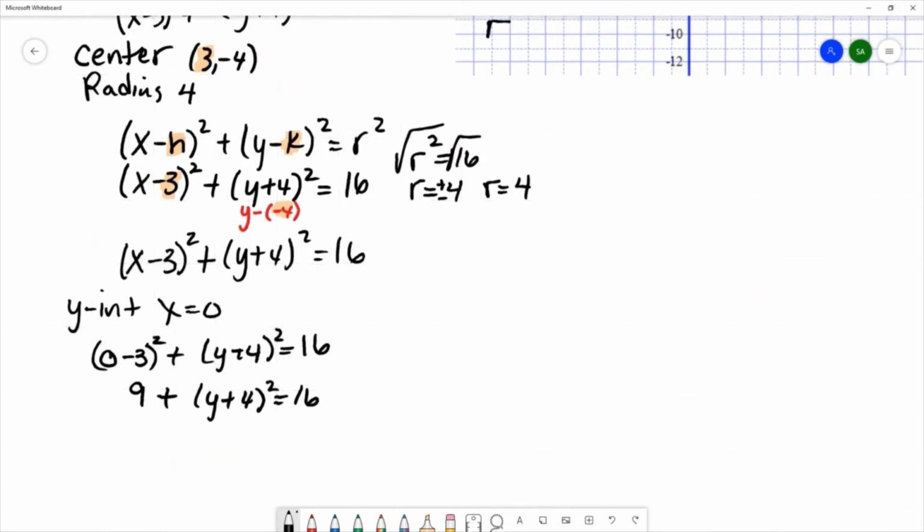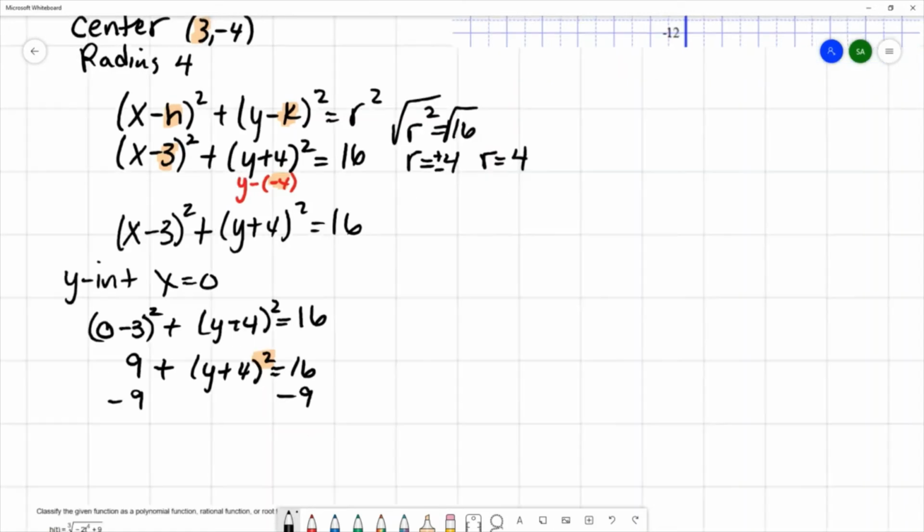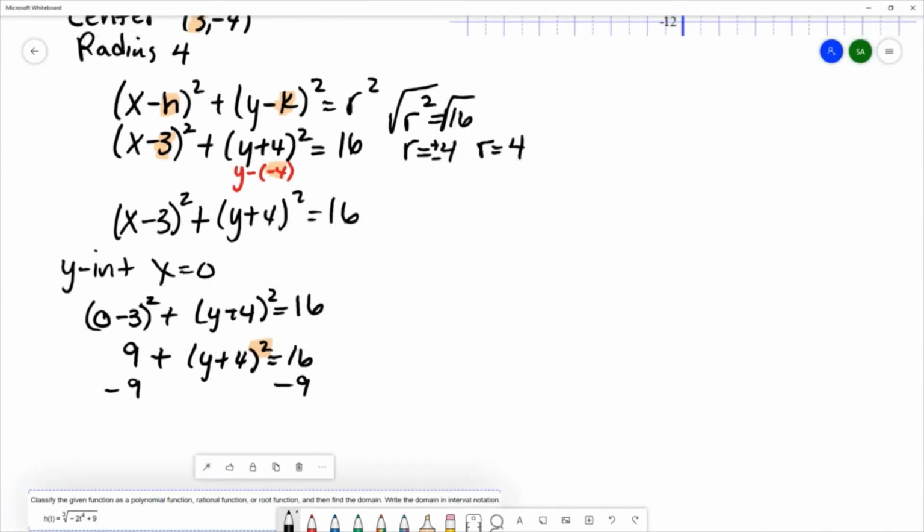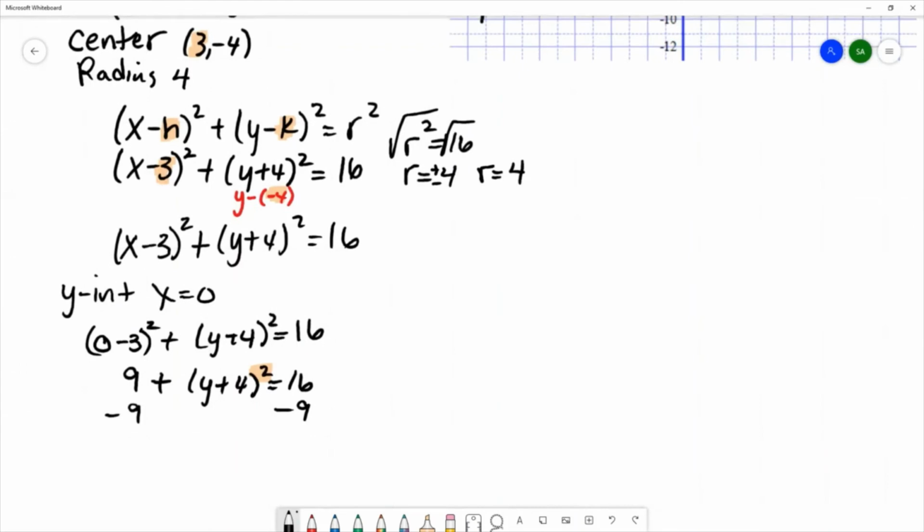I'm using a square root method to solve, so I'm going to isolate this square by subtracting 9 on both sides. So that gives me y plus 4 squared equals 7.